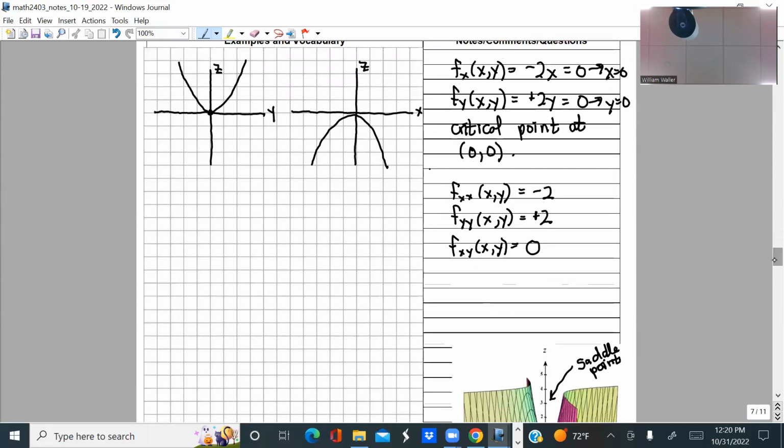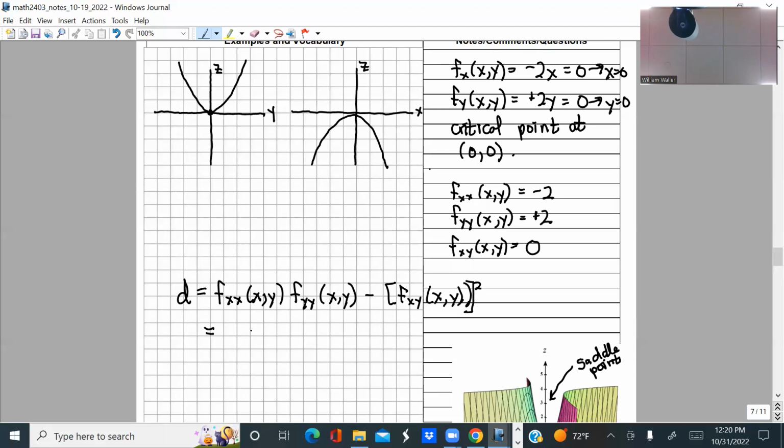All right, and now, what's the value for D? Remember, it's f_xx times f_yy, minus f_xy squared. So is that going to give us what we want there?